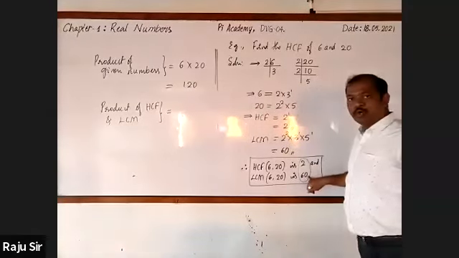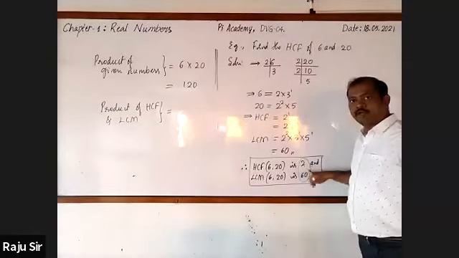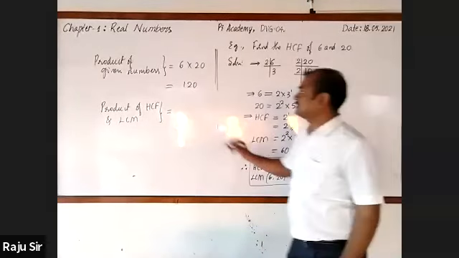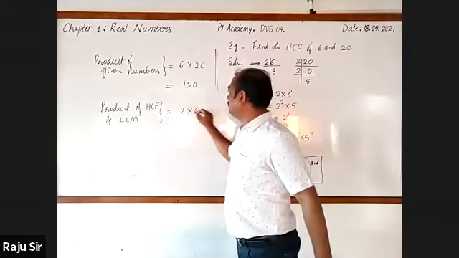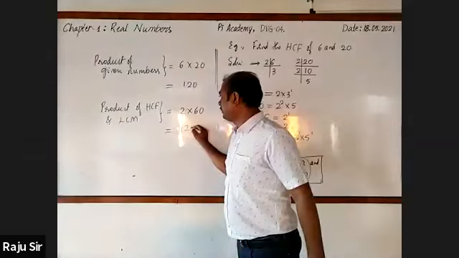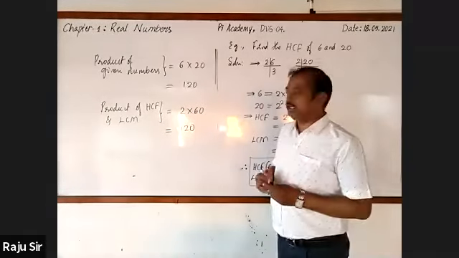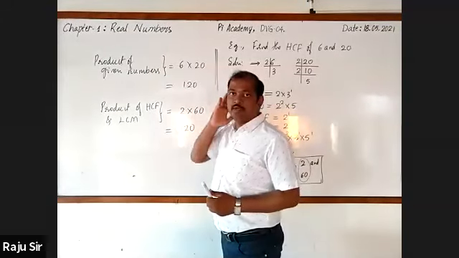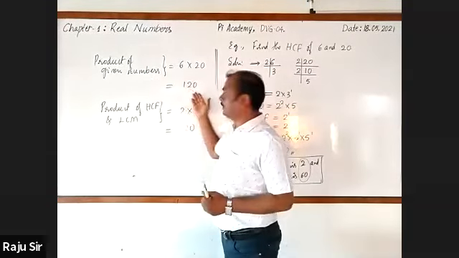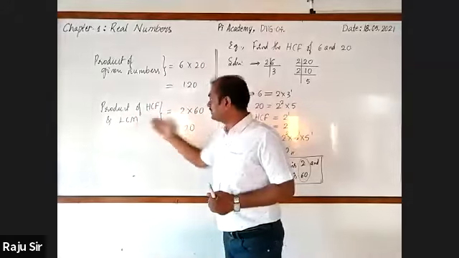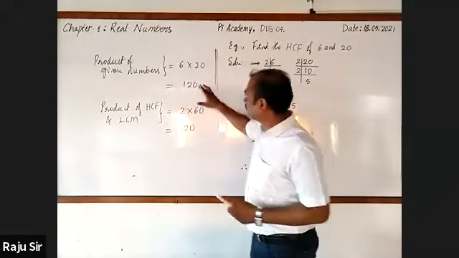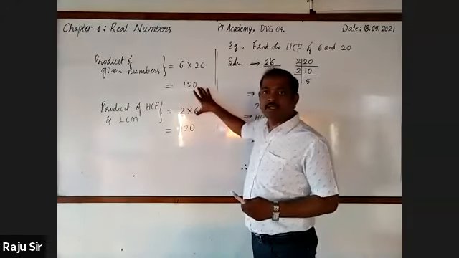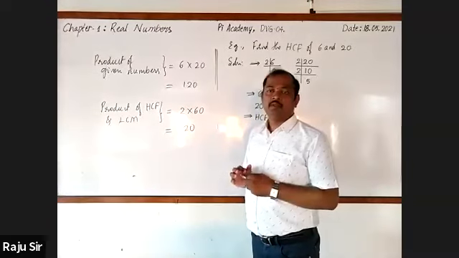It is 2 and 60. 2 is HCF and 60 is LCM. 2 into 60. The product will be 120. Observe it. After finding the product of the given numbers as well as their HCF and LCM, you have come to know their product is same.